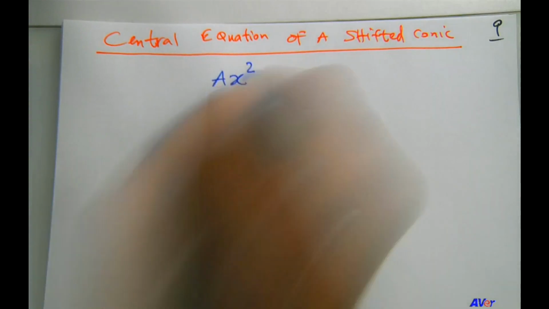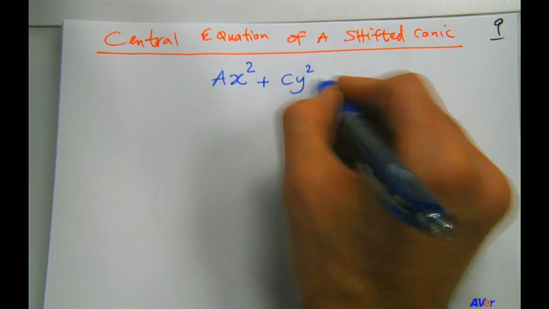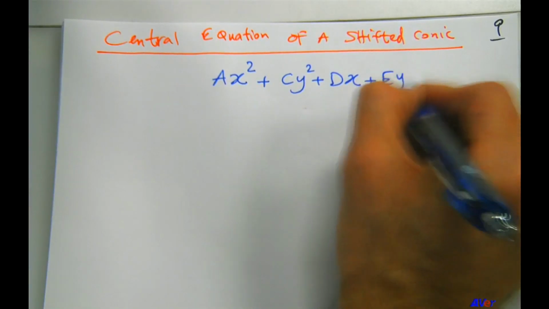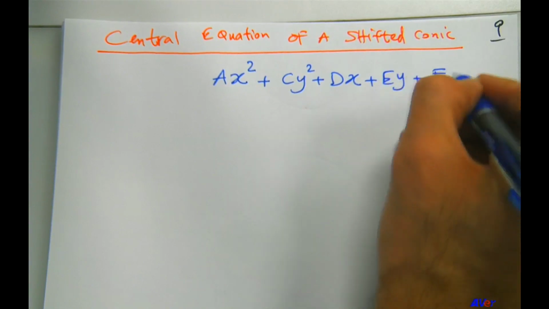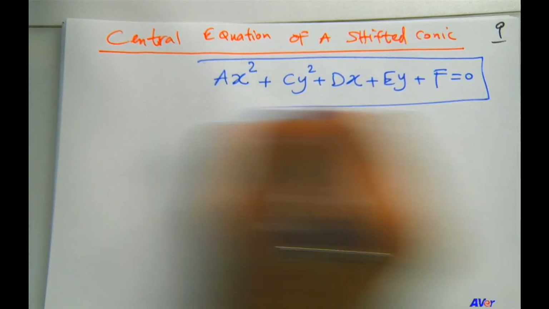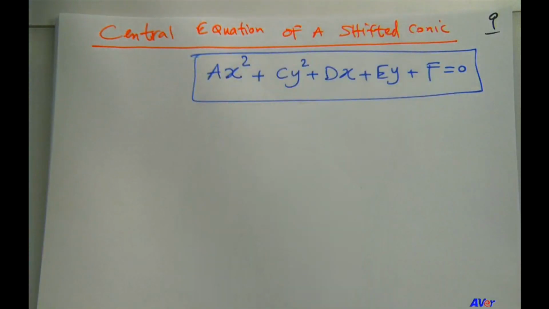So ax squared plus cy squared plus dx plus ey plus f equals 0. That's the central equation of the shifted conic, where let's define those terms.